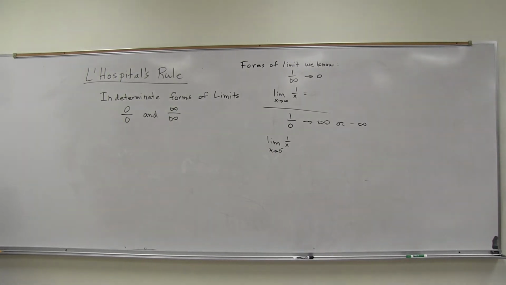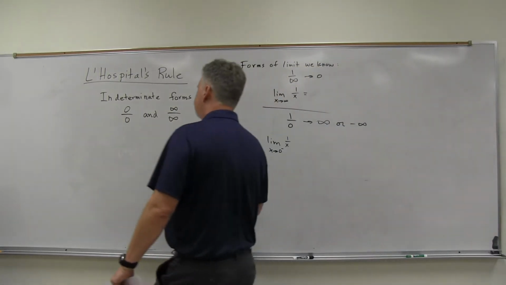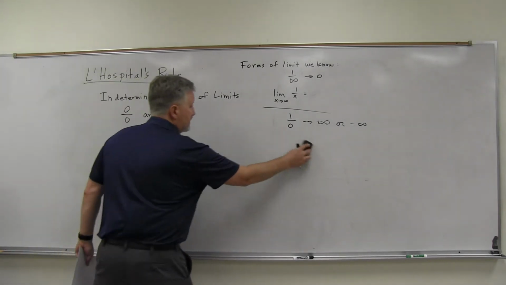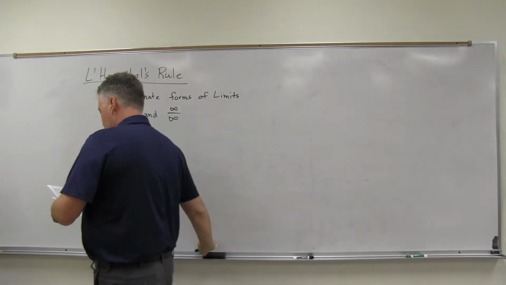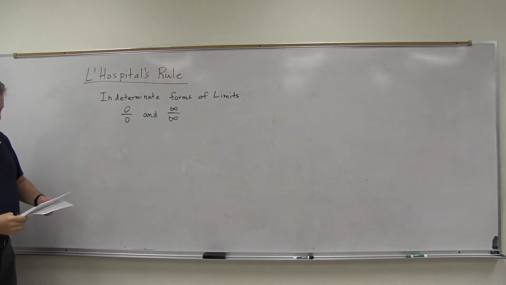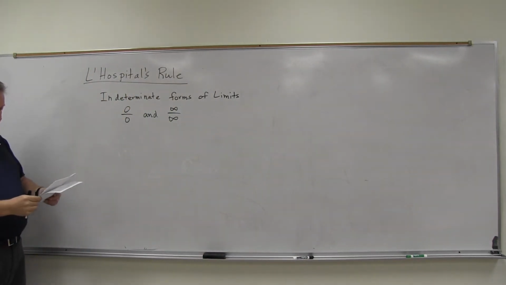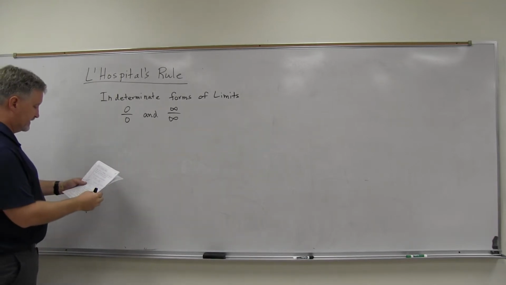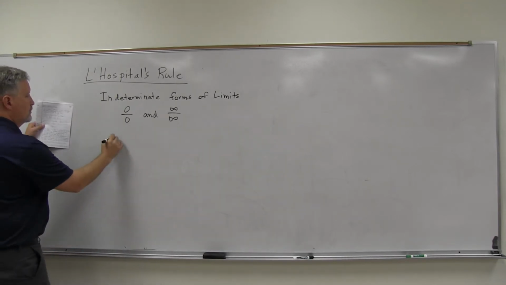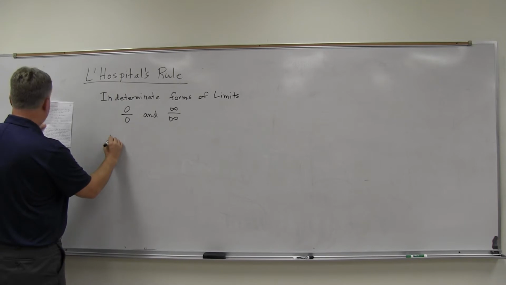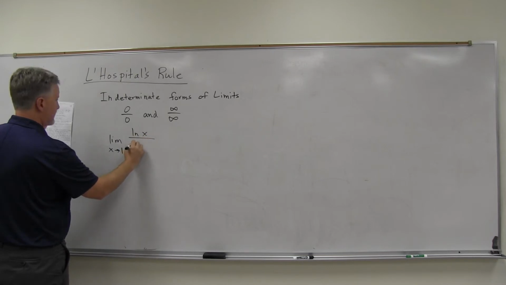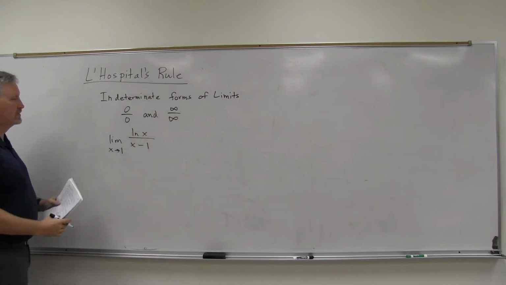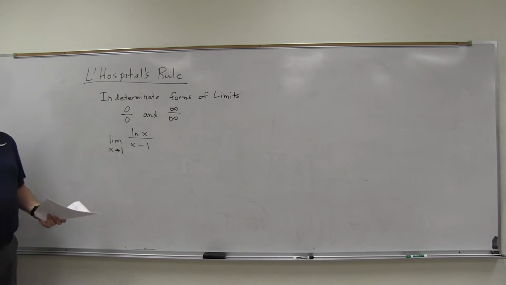0 over 0, infinity over infinity, those are indeterminate. Okay? Now, what do we do if we encounter one of those? Well, that's what we're going to talk about here. Let me just show you. Say I've got the limit as x goes to 1 of ln of x over x minus 1. Just to establish what we're talking about.